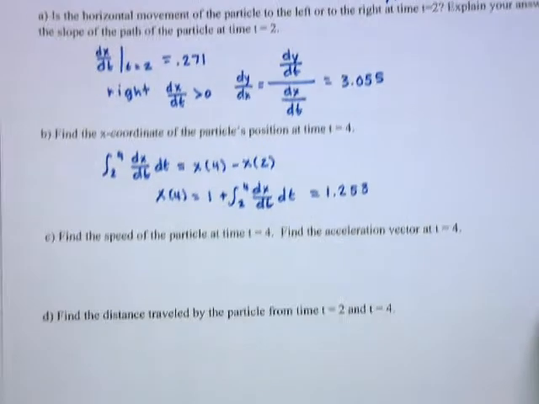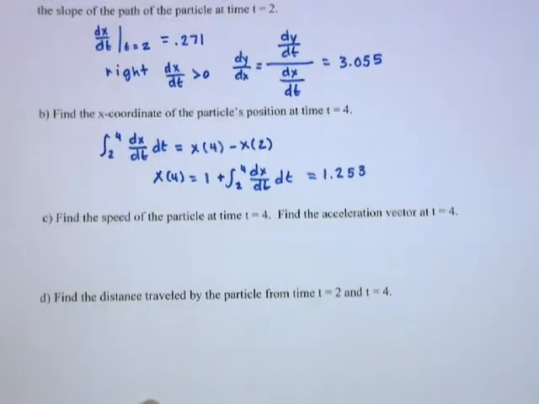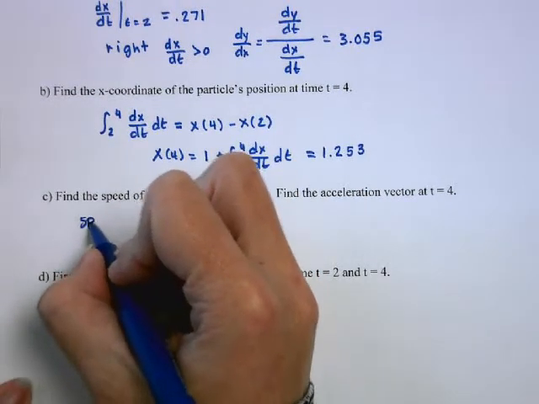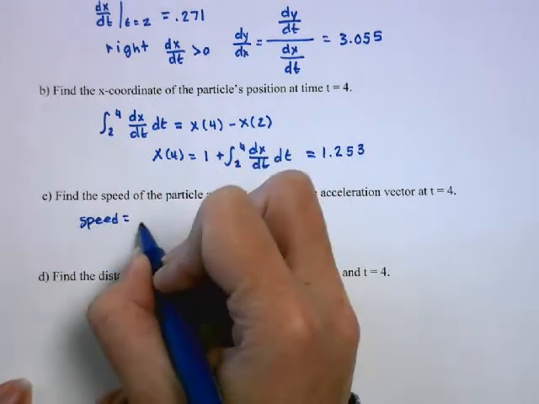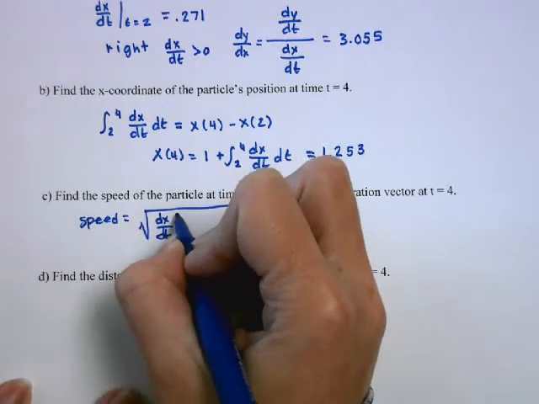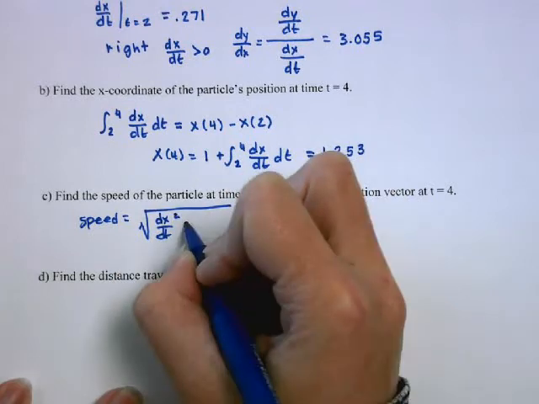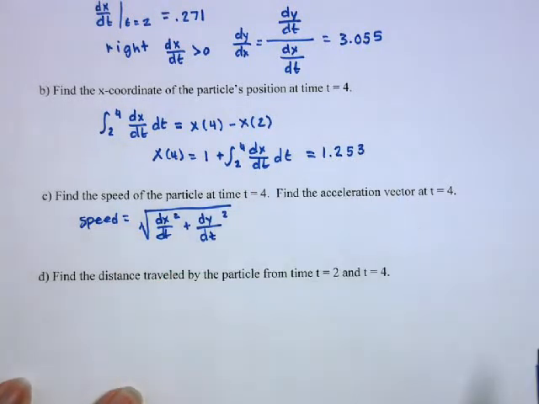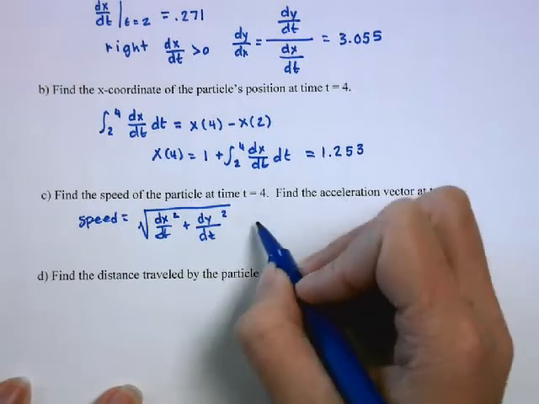Okay. Speed. We did speed a while ago for parametric equations. Speed is equal to the square root of dx/dt squared plus dy/dt squared. In this case, we're going to evaluate these at 4.